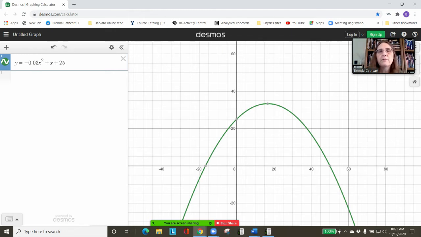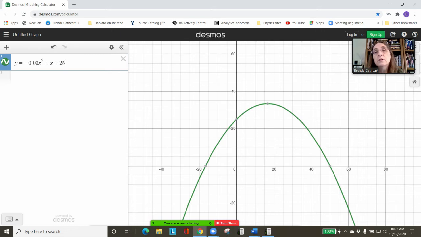So here's our graph. As we look at our graph, our 0 here represents the distance from the fire truck. And our height at this point is the height of our ladder, or the initial shooting up of the water. So right now we have a ladder at 25 feet high, and the water is going up in a path, and it's coming down here.